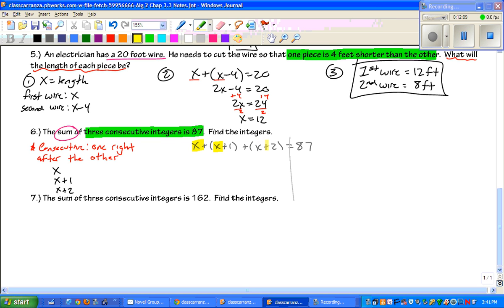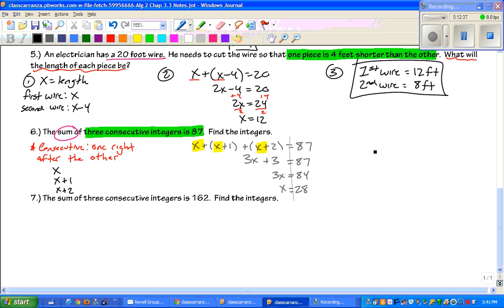Combine all of your like terms, which is the 3 x's. Oh, let's make that a little darker. 3x plus 3 equals 87. If you subtract 3 from both sides, you get 3x equals 84. Divide by 3, and you get x equals 28.